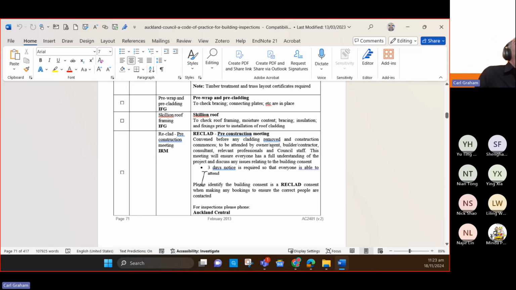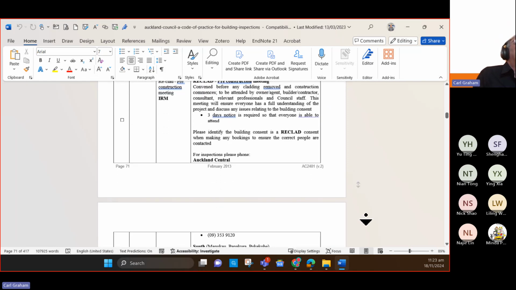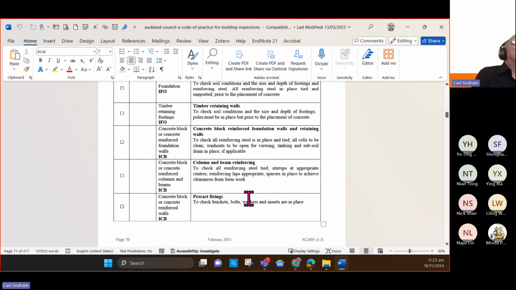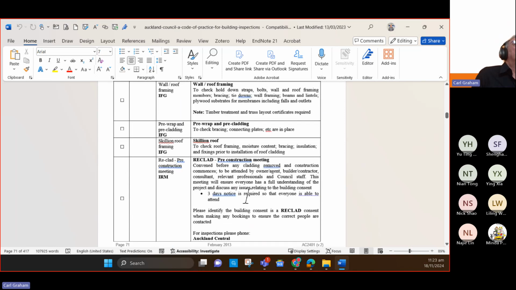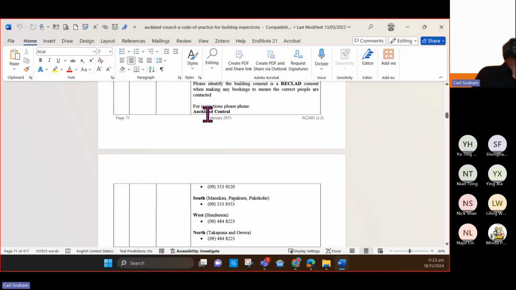So convene before any cladding's removed. In essence, you can look here, and there you've got the 4 different departments. I was Auckland, so I worked at Auckland Central, but then there's South and then Henderson and Takapuna.